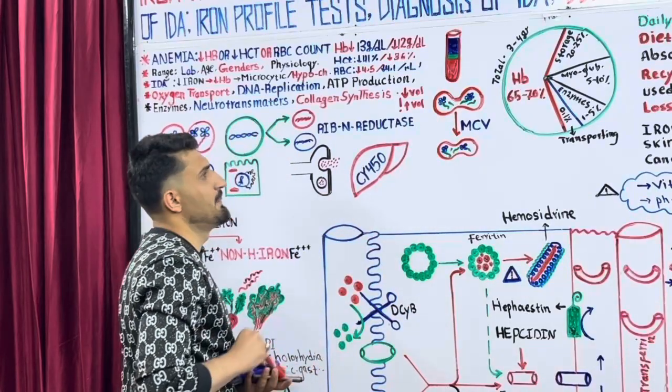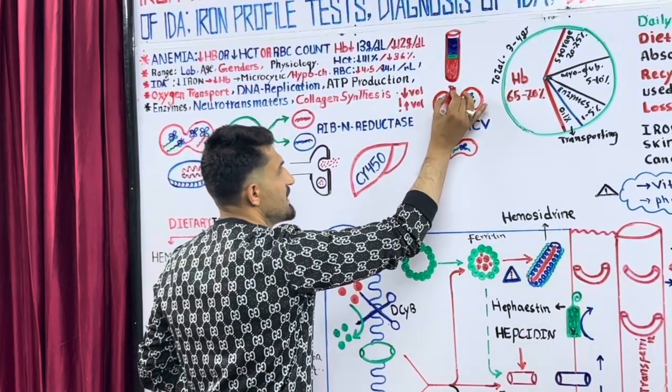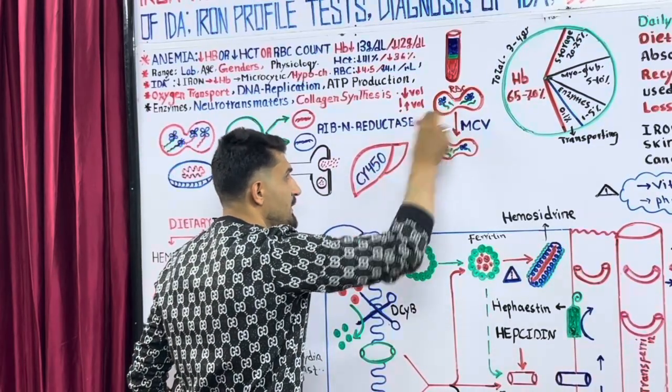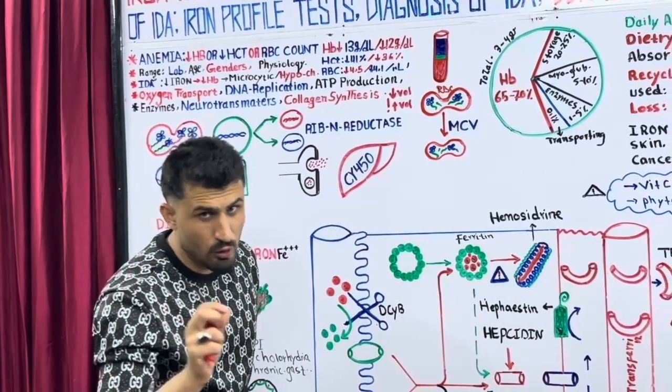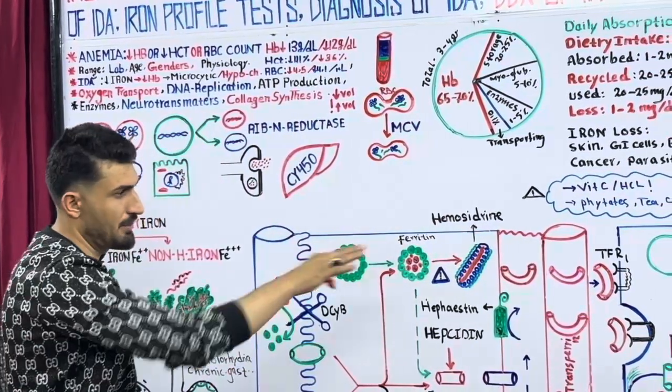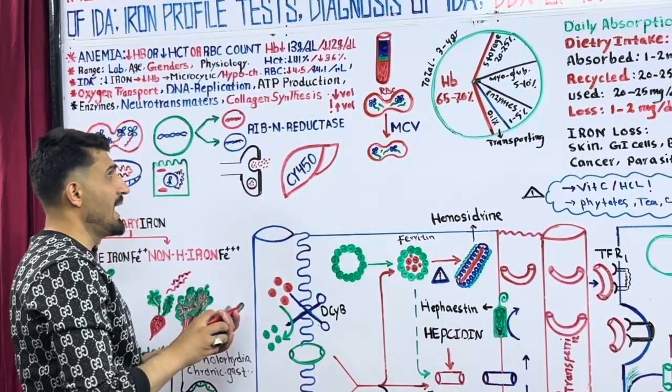This is an RBC. Inside the RBC, we have a protein called hemoglobin, and hemoglobin transports oxygen.